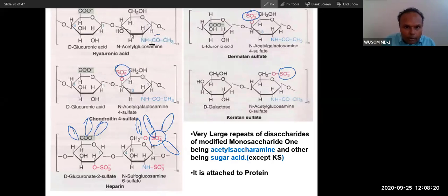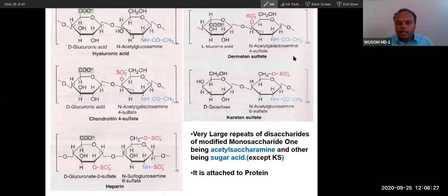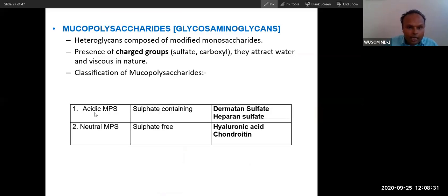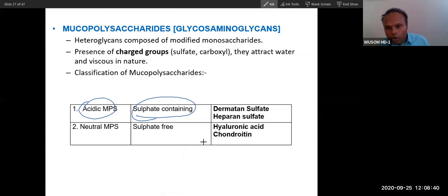With sulfate, there will be acetyl groups. You can see acetyl groups are present. Sulfate and acetyl groups make this heteropolysaccharide more negatively charged. Based on that, it is classified into two groups. One is acidic, where the sulfate group is present, and the other is neutral, where the sulfate group is not present. So these two are neutral.